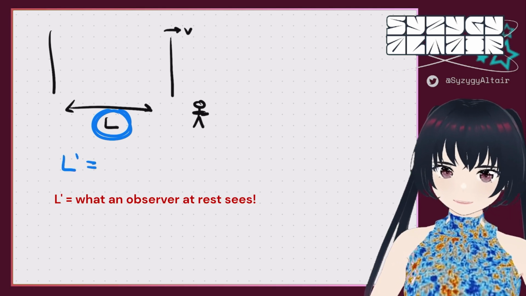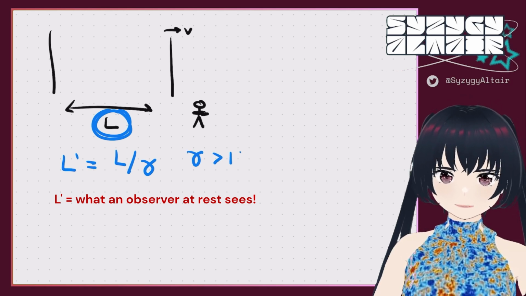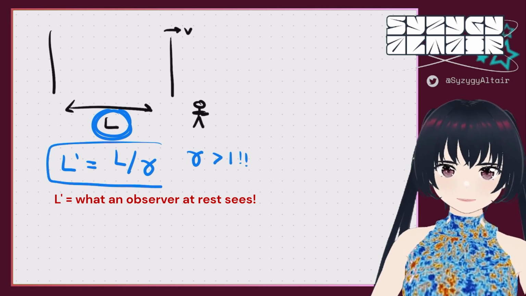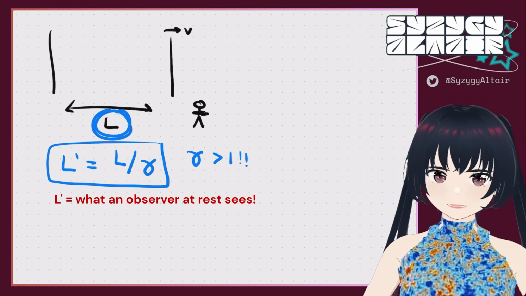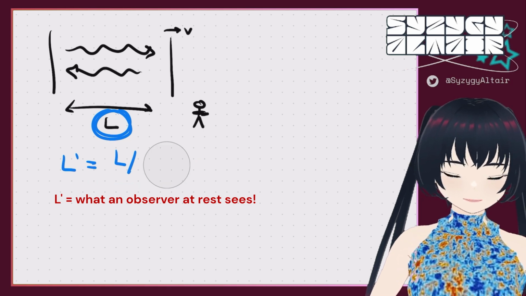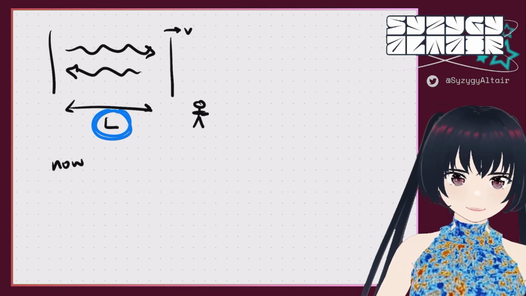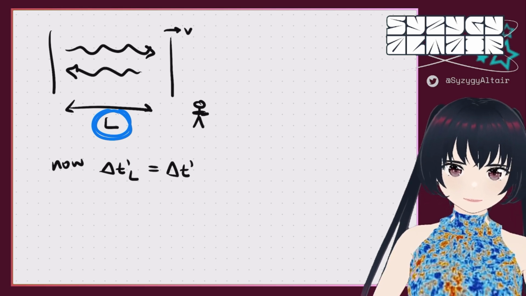And remember that gamma must always be greater than 1. With this taken into account, the light appears to have traveled less distance with respect to us, so that the light's travel time matches the time interval that we derived for the transverse clock. Delta t prime of the longitudinal clock now equals delta t prime of the transverse clock.